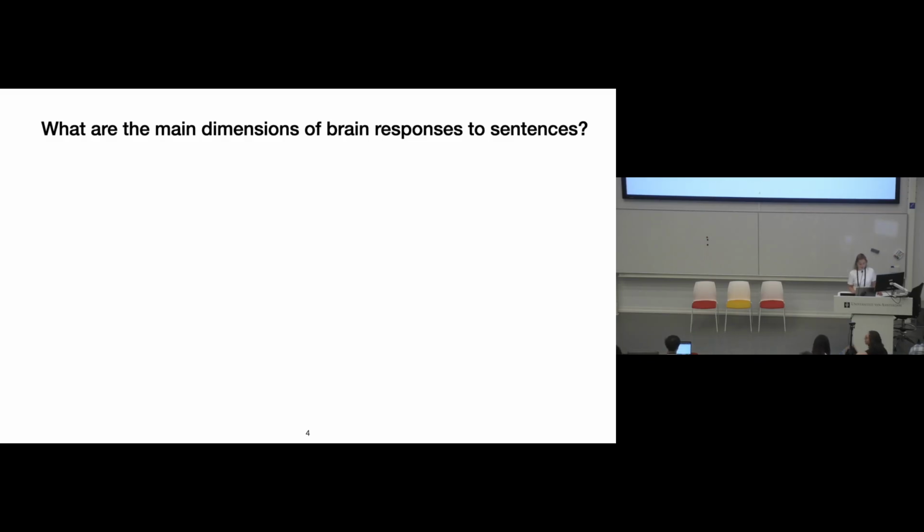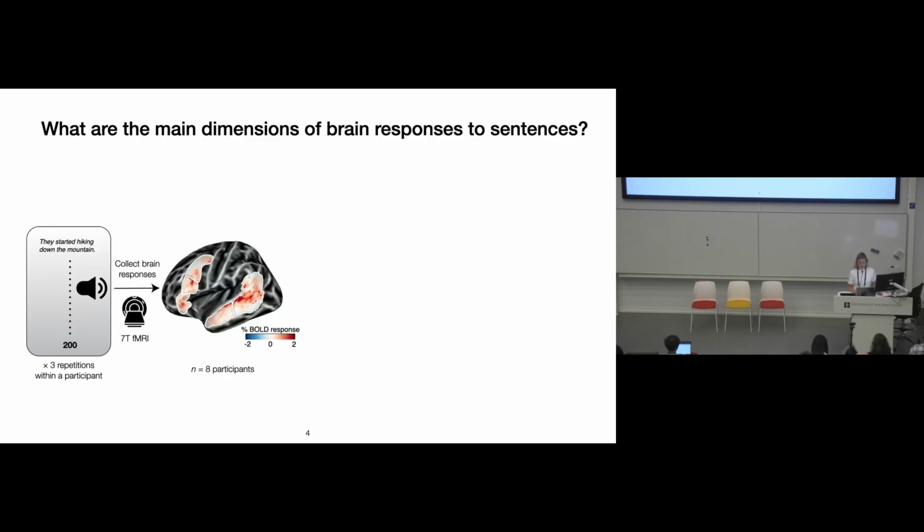To address these questions, we performed an ultra-high field fMRI experiment. We sampled 200 sentences from a wide range of corpora and topics and presented them auditorily to 8 participants in what is, to our knowledge, the first 7 Tesla condition-rich single-sentence dataset. We extracted brain responses within these large anatomical parcels that encompass parts of the brain that show activity to language.